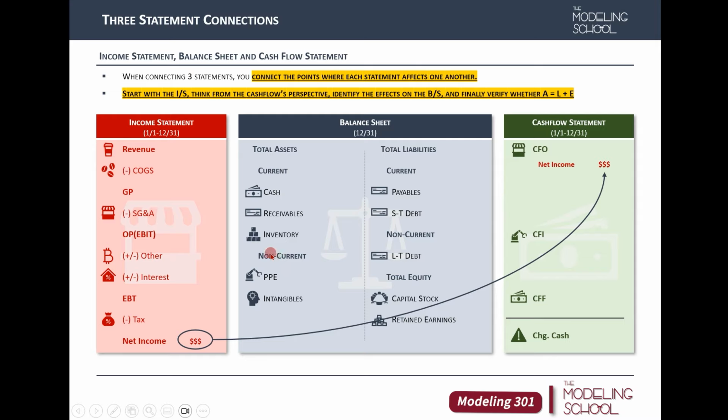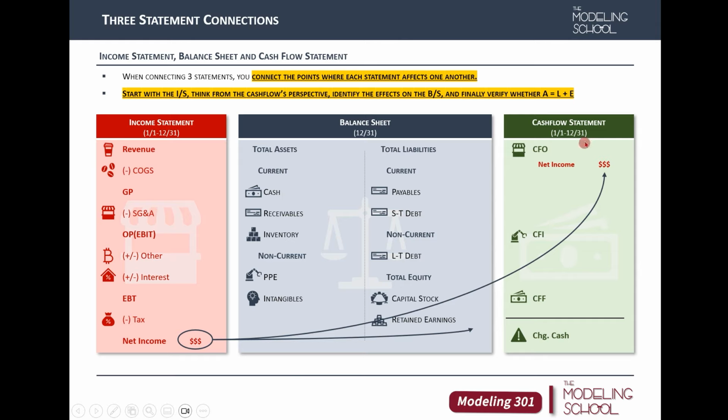Also, net income affects the retained earnings balance in the total equity. So whatever the number is on net income, the year-end retained earnings number is going to change by the amount of net income. So that's step one, start from the income statement.